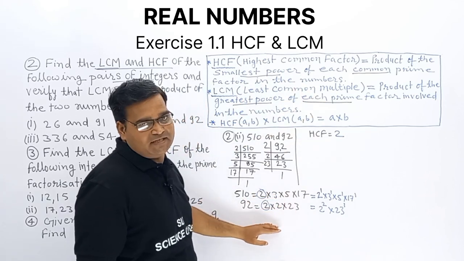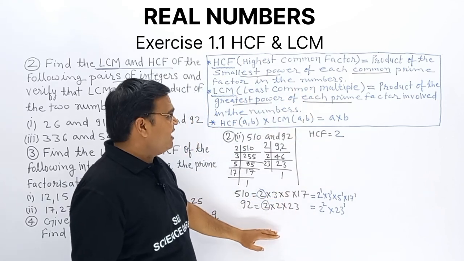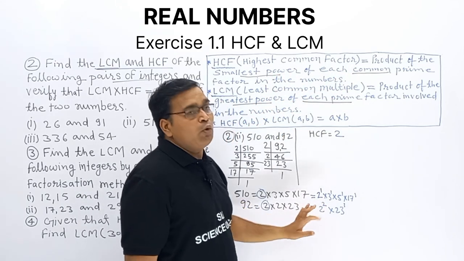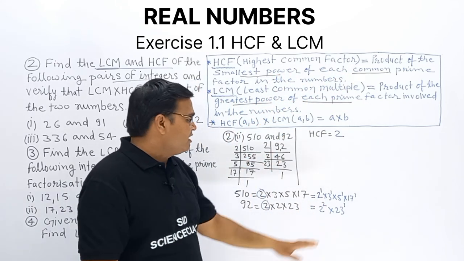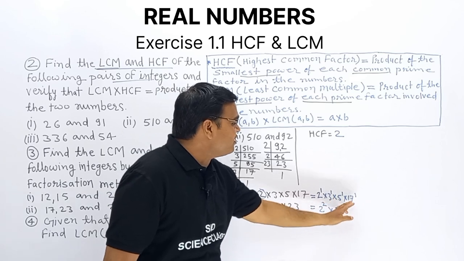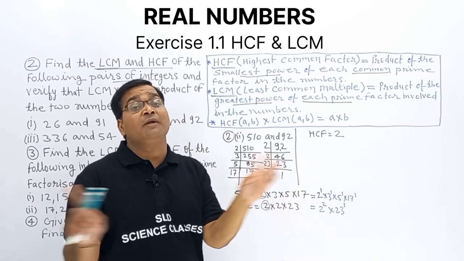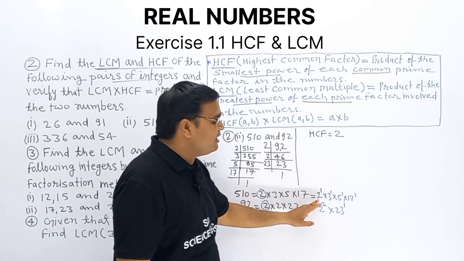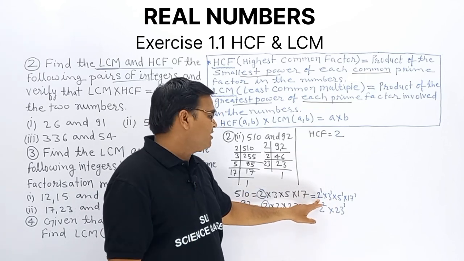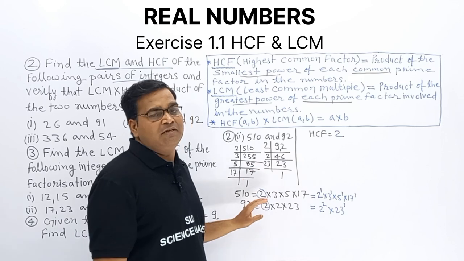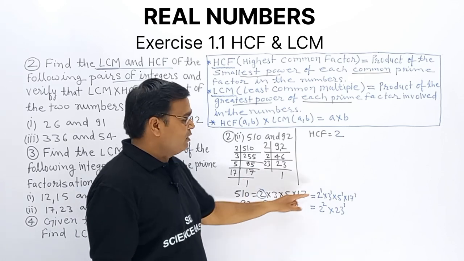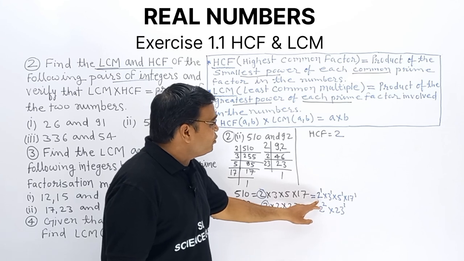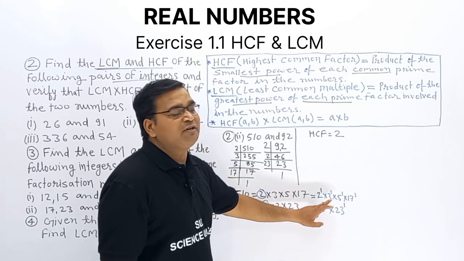हमारे पास दो नंबर्स हैं, we are having 2 numbers, and the smallest power of each common prime factor, in which only 2 is common. The remaining prime factors 3, 5, 17 and 23 are not common prime factors, ये कॉमन नहीं है. We are having only the prime number 2 as common, it is coming in both the numbers. इन दोनों के जो फैक्टर्स आए उनमें सिर्फ 2 कॉमन है. अब यहाँ पर 2 की पावर 1 आ रही है, and there is 2 power 2.